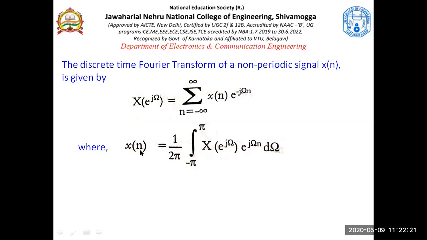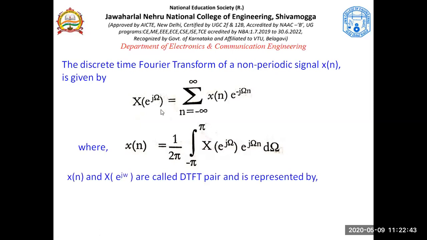X of n is some discrete time non-periodic signal, and if you have to take this signal into the frequency domain, then we use this equation, and this equation is called the DTFT.